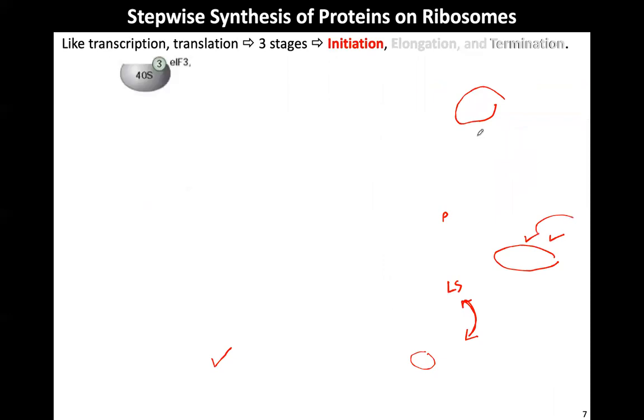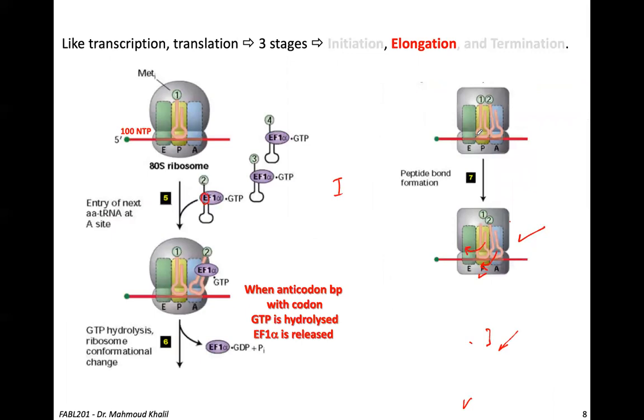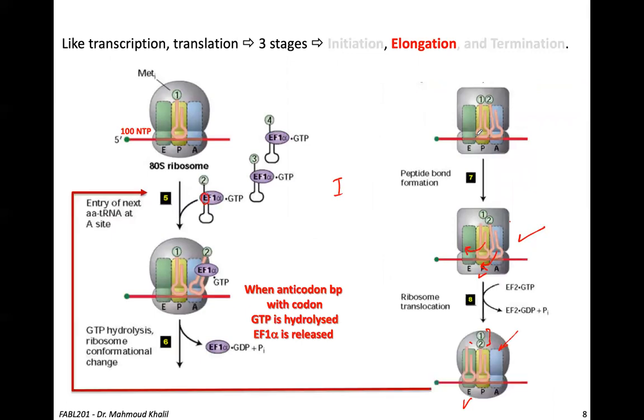Okay. So now we have the elongation, usually the process is repeated. So you have now every successive amino acid, كل amino acid recruited by transfer RNA sits on the A site by the hydrolysis of the GTP in the elongation factor 1 alpha. ده هيعمل conformational change في الريبوزوم to make the amino acid near the one before it.